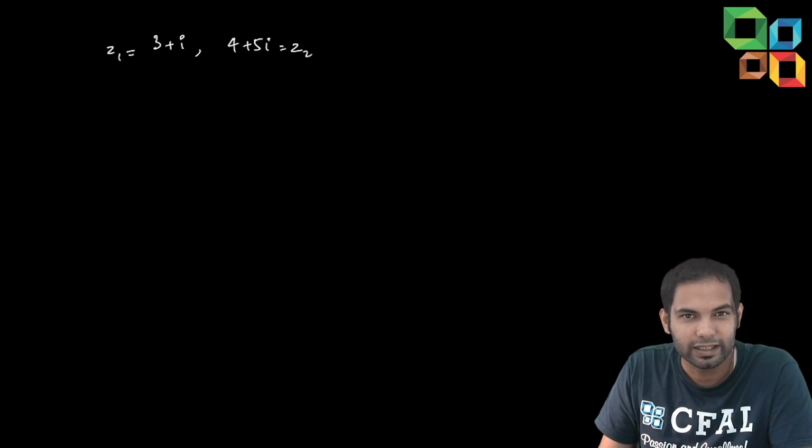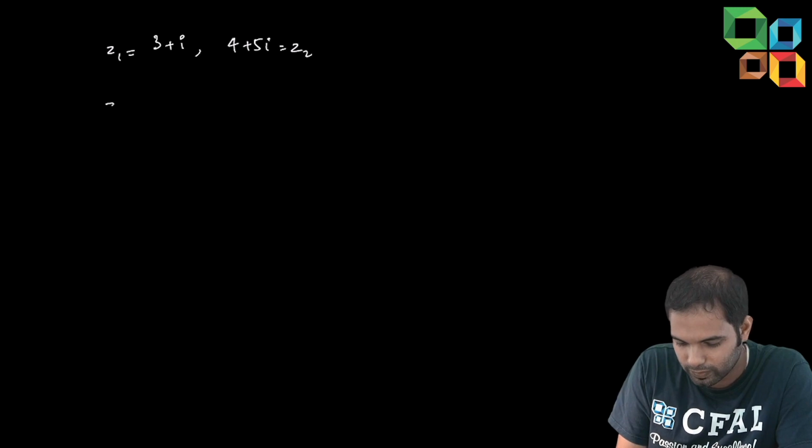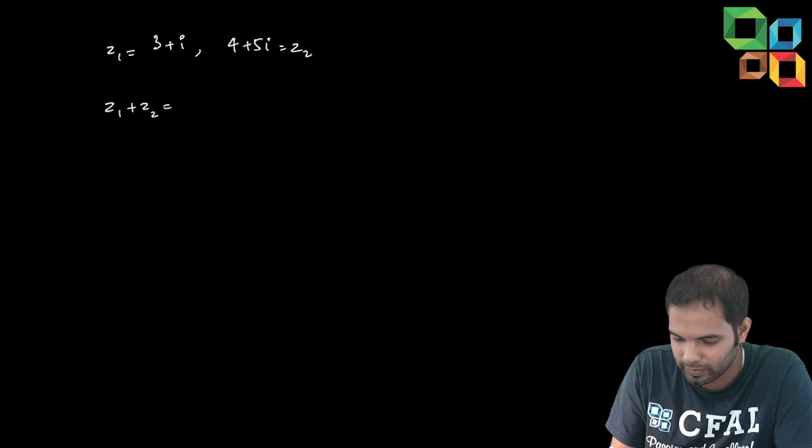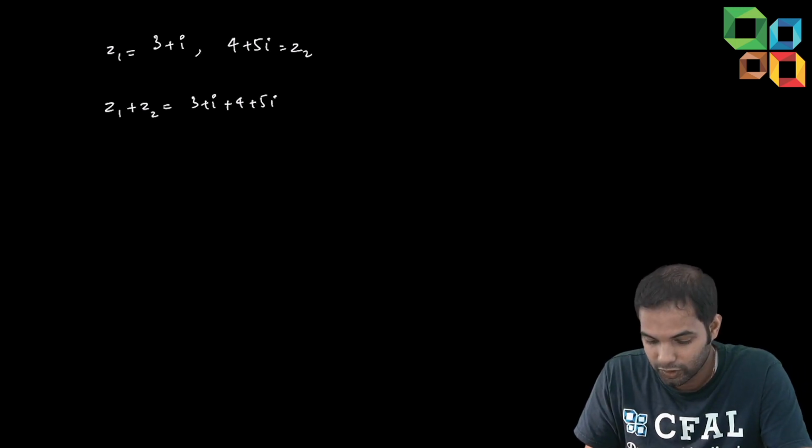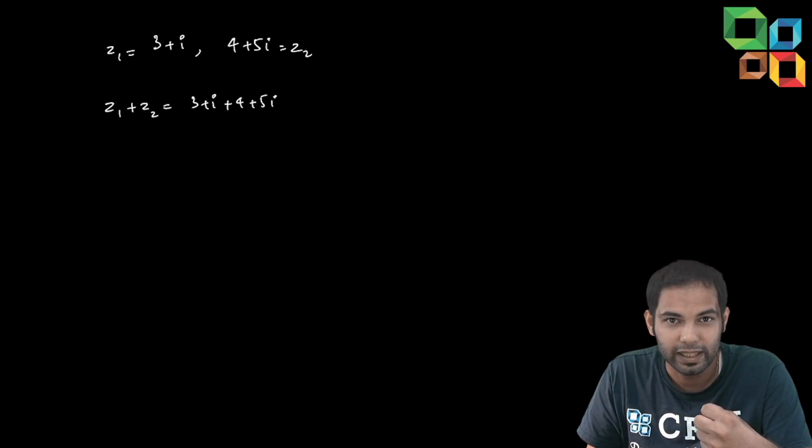Yes, I can do that. I can add or subtract, not an issue. So you take Z1 plus Z2. This is nothing but, let me write it down, 3 plus i plus 4 plus 5i. Now the thing is how to add them. Shall I combine everything and write as one number?